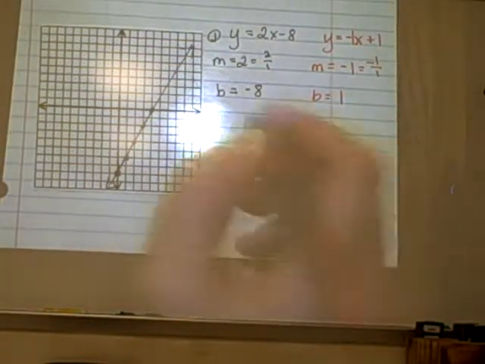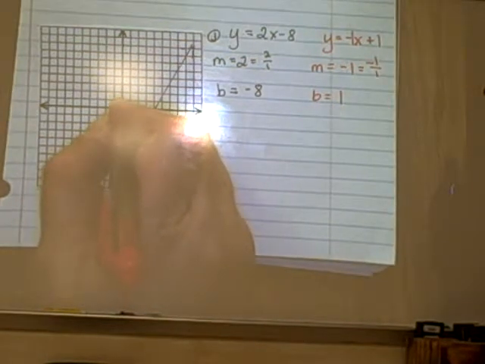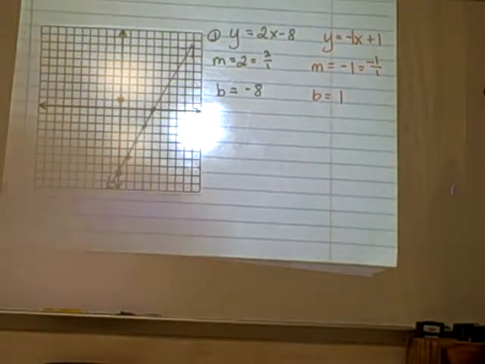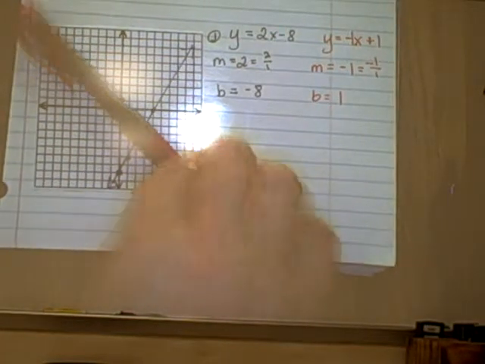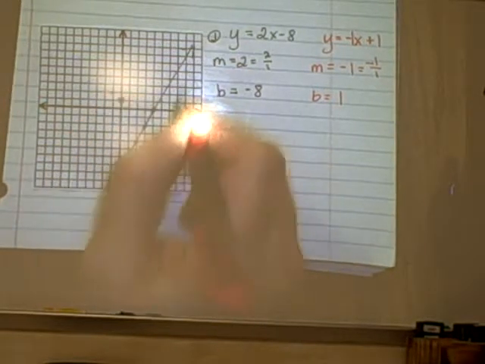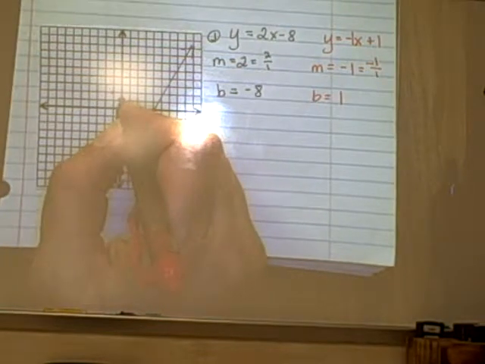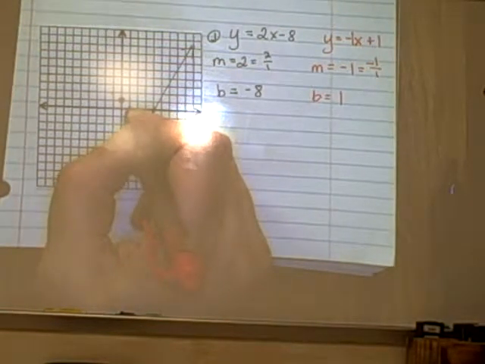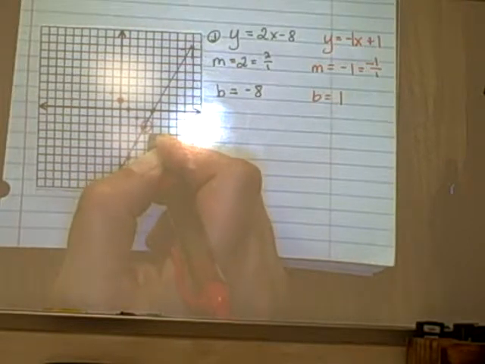So this one starts at +1. So start right here, that's your beginning point. And it's going to lean negative, so it's leaning this way. Now I could go up and to the left, so I could go up 1 over 1 this way. But is that going to get me any closer to this line down here? No, it would be better if I go down and to the right. Because then I'll see that, oh look, they're going to cross right there.